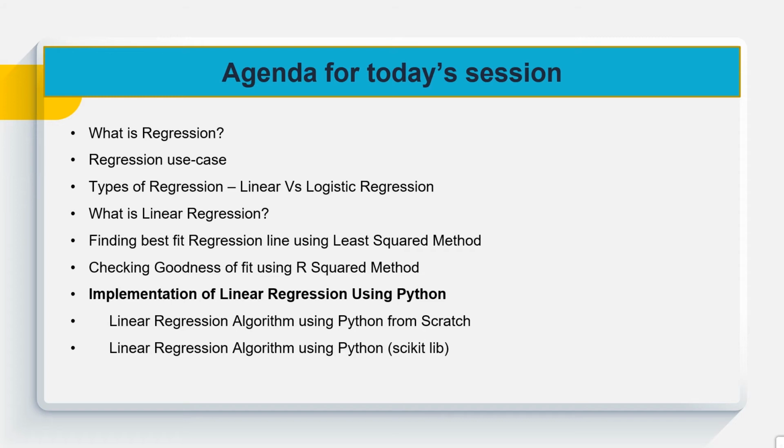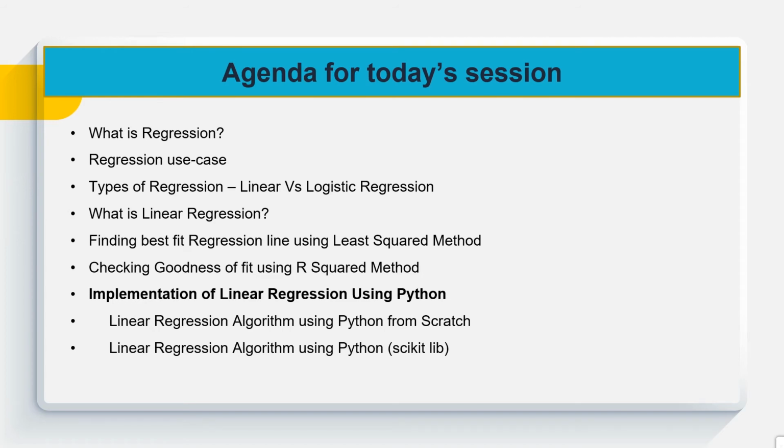The first part would consist of linear regression using Python from scratch, where you will use the mathematical algorithm that you have learned in the session. And in the next part of the coding session, we'll be using scikit-learn for direct implementation of linear regression.